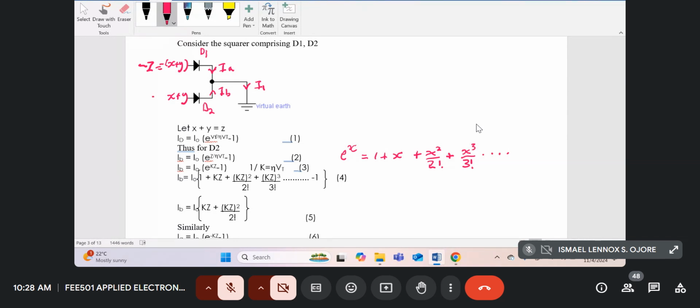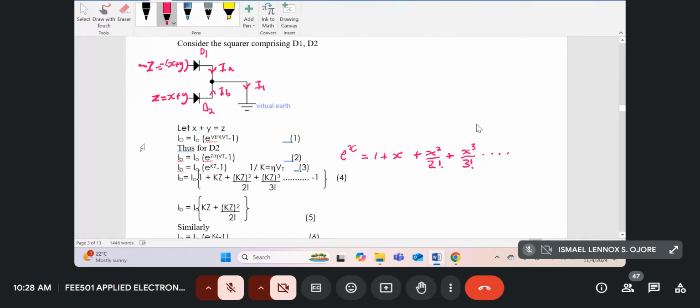And for this signal here, I'll be calling it z. So the signal to D1, which is minus (x plus y), is the same as minus z, because I'm saying let x plus y equal z. And the signal going to the bottom diode D2 is just x plus y, so it will be equal to z.